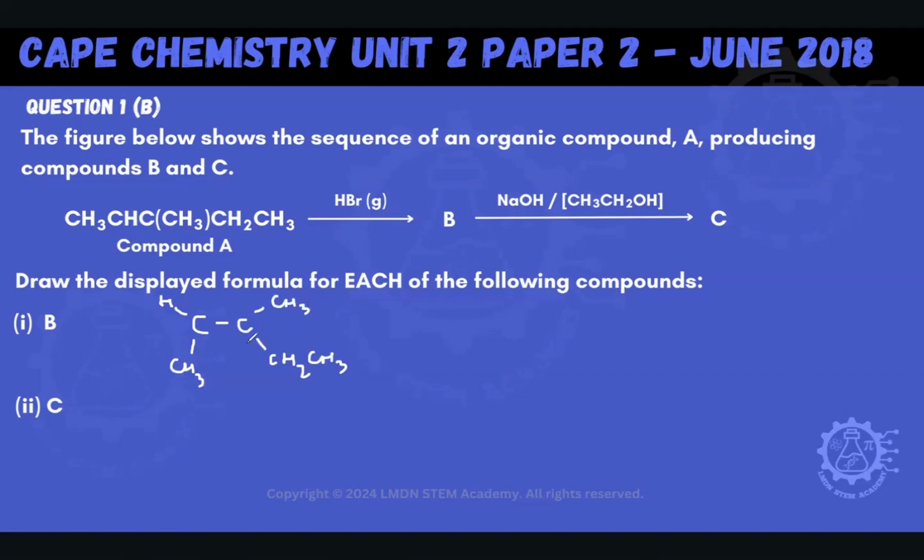And then we said the bromine would go in here where there are already more substituents. So the Br would go here. And then the hydrogen would go here because it wants to be where there's already another hydrogen. Okay? So that's based on Markovnikov's rule. So this is my structure here that I would draw. And I just make sure that my carbon does have 4 bonds coming from it. 1, 2, 3, 4. 1, 2, 3, 4. So that's completely saturated, and that's our halogenoalkane, and that's B, right?